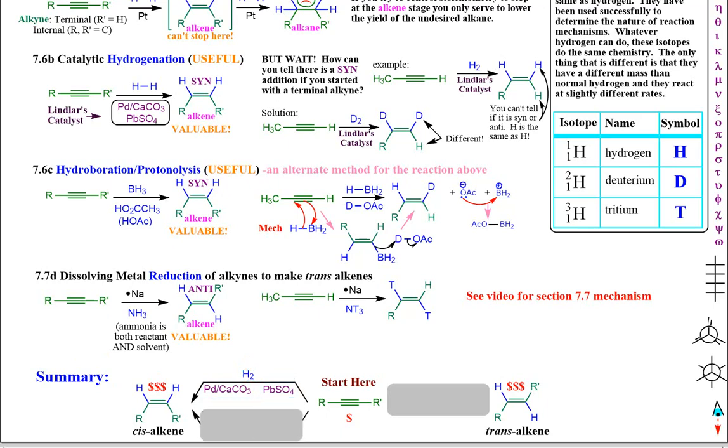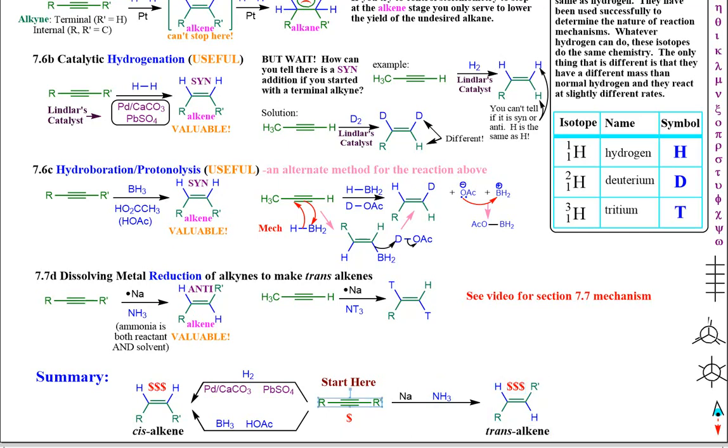Or we could have done hydroboration with acetic acid protonolysis to get the same result. The way to make a trans alkene is to react with a metal from the first column of the periodic table and ammonia, and you get a trans alkene.